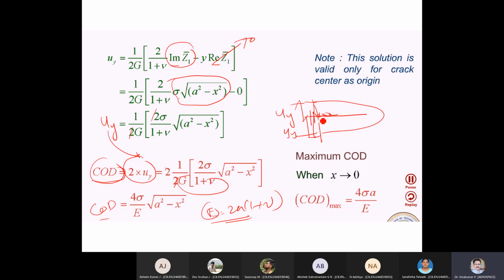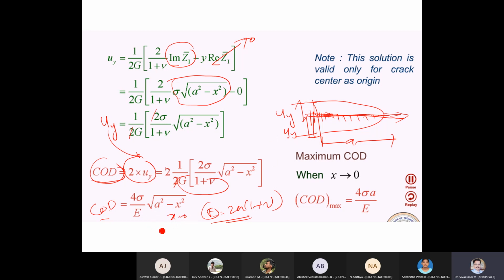x square, it will go like this, from 0 to wherever, a. This is a. So what will happen if x equal to 0? What will I get?